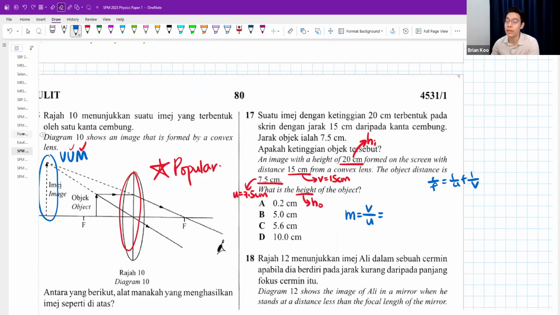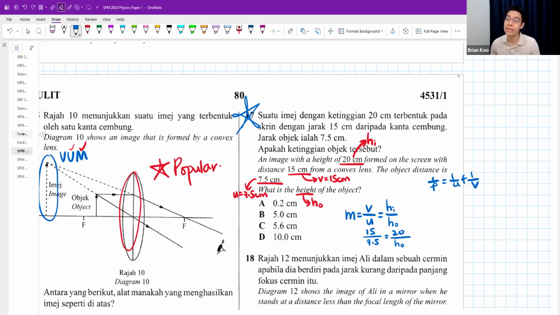But do you also know that magnification you can also find using height of image over height of object? This kind of question is quite popular. Last time in SPM got asked before also. So magnification has two formulas. You can equate them straight away. 15 over 7.5 equals height of image 20 over height of object.